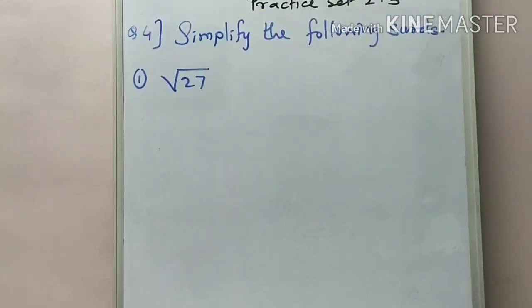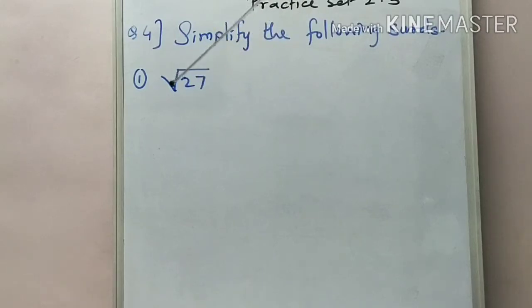Now we try the fourth question. I will skip the third one because the third question depends on this fourth. First we have to understand this concept: simplify the following surds. Here we have given one surd, root 27, and simplify means what?